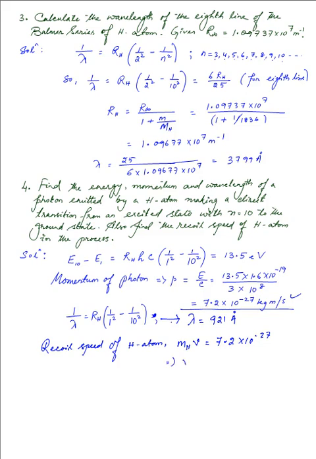Finally we have the velocity equal to 7.2 times 10 to the power minus 27 over the mass of hydrogen, being the mass of the proton in this case, which is 1.67 times 10 to the power minus 27, and that equates to a value of 4.31 meters per second. That's the value of the recoil speed of the hydrogen atom in this transition.